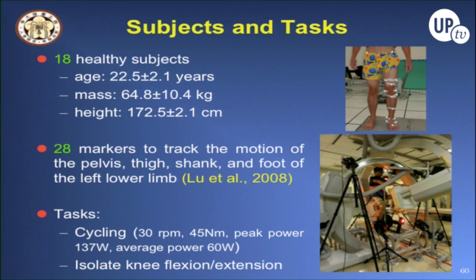It took 10 people working together every time to put everything together. We have 20 Vicon cameras all connected. And the task is to do cycling at an average power of 60 watts, and the peak is 137 watts. It's very typical for ligament rehabilitation.